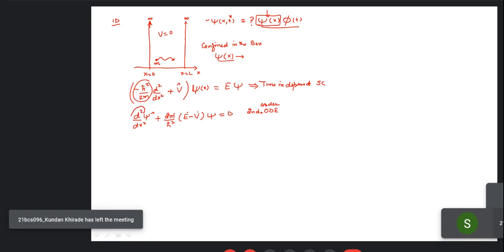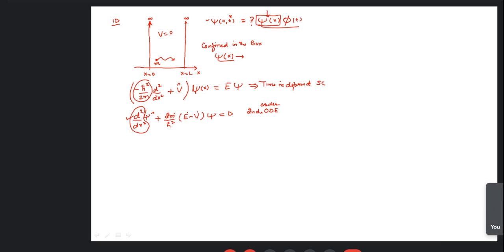That is why we have here the operator, the double derivative of psi with respect to x, the total derivative. So that's why we have simplified our problem to this. We have taken only time independent wave function, so that we need not differentiate this wave function with respect to time.